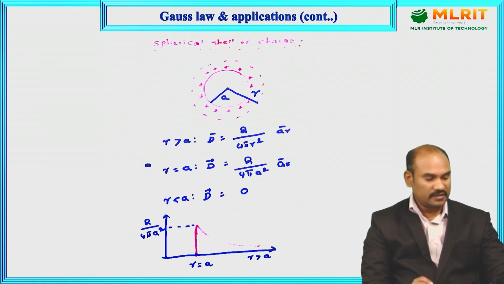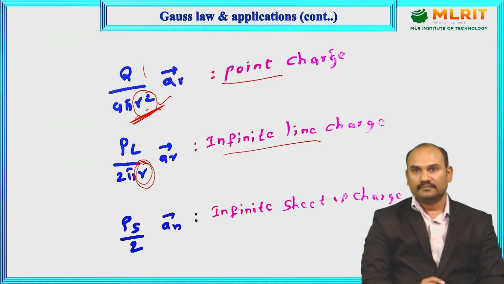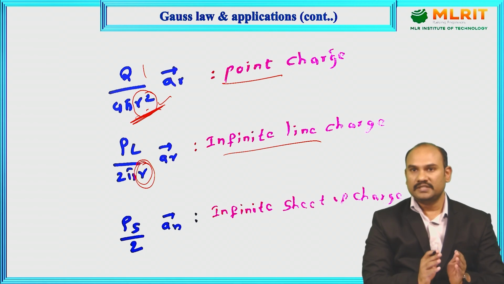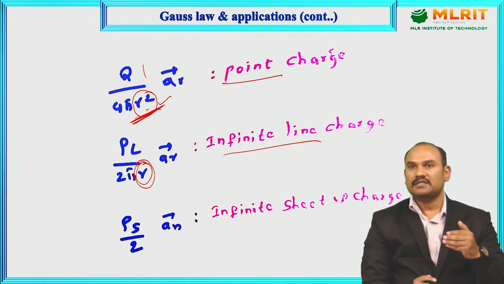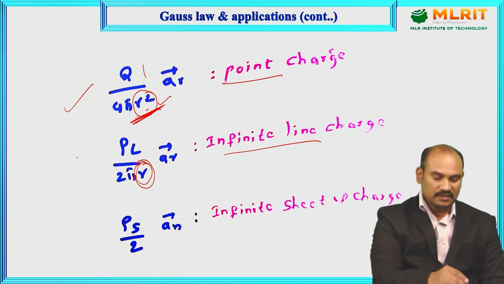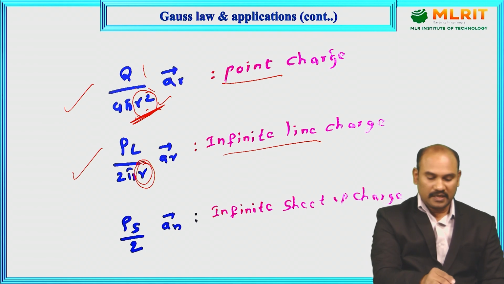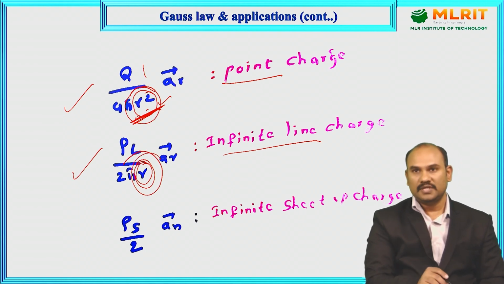Whereas here, it is not r square, it is r, so with a little increment in distance you have a gradual decrement in flux density. In both cases, flux density decreases with increase in distance. But here it happens rapidly, here it happens gradually.